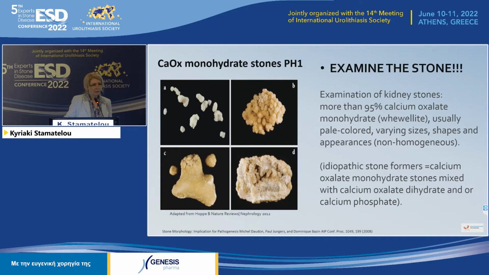They cannot be confused with stones from idiopathic calcium stone formers because those usually have mixed calcium oxalate monohydrate and calcium oxalate dihydrate and calcium phosphate.